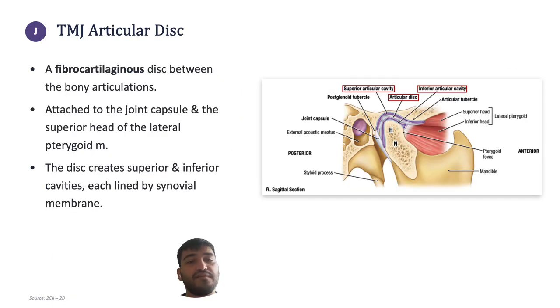And then we have the TMJ articular disc. As we know, there's a superior and inferior cavity, as we can see on the right, and then we have the articular disc. How they move will be discussed in the next slide. So remember that it's fibrocartilage encasing the disc.